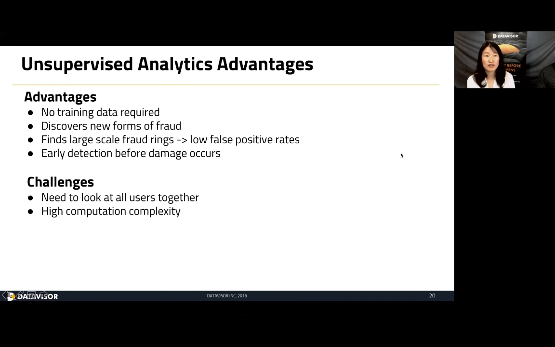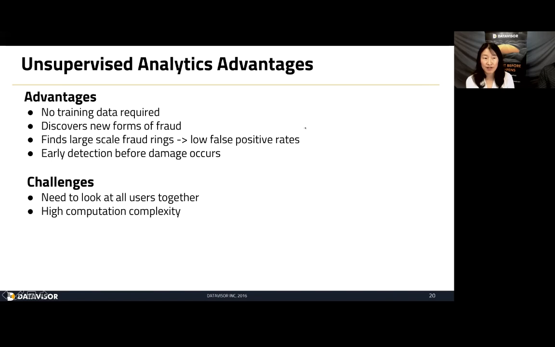To summarize, the main advantage of the unsupervised technique is that it does not require any training data. It can discover new forms of fraud, and it also identifies large-scale fraud rings. Because it identifies groups of bad users, it has very low false positive rates.